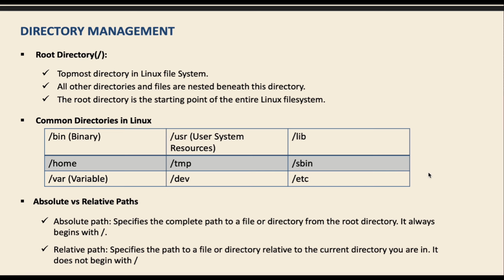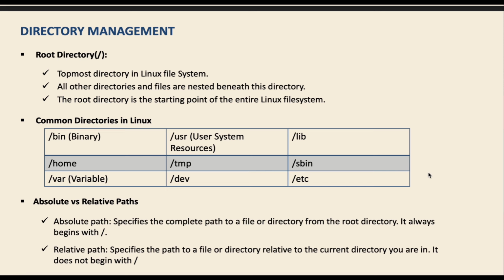The next is /usr, the user system resource. This contains the binaries, libraries, and documentation which are specific to the user who logged in. It is typically used for programs that are not essential to the system's core operations, but are still required for the system to work properly.